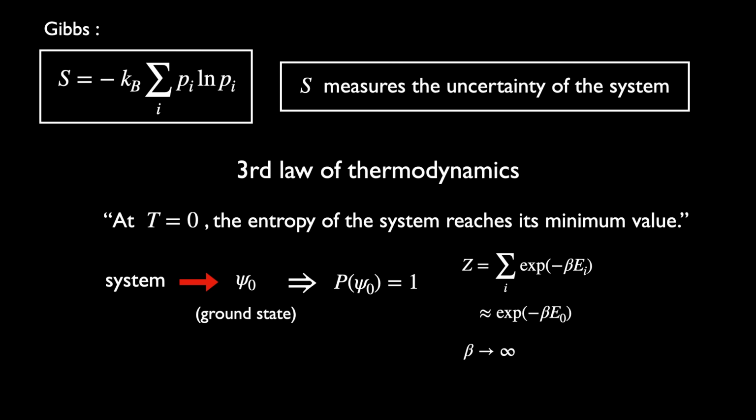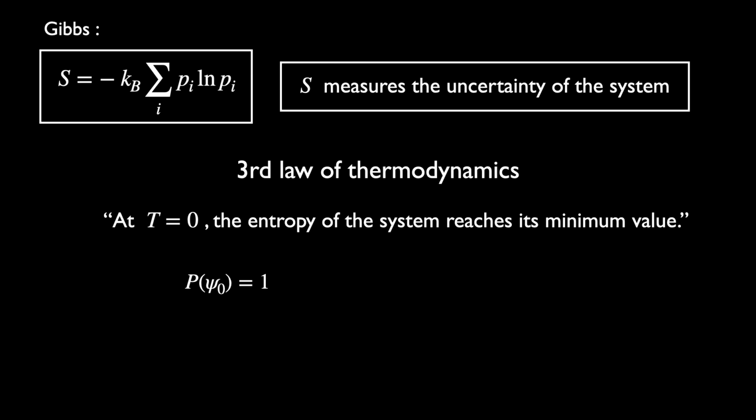All the other contributions are suppressed exponentially relative to it as T goes to 0 and beta to infinity. This certainty of the system being in the ground state implies that S equals 0, its minimum value, thus proving the third law.